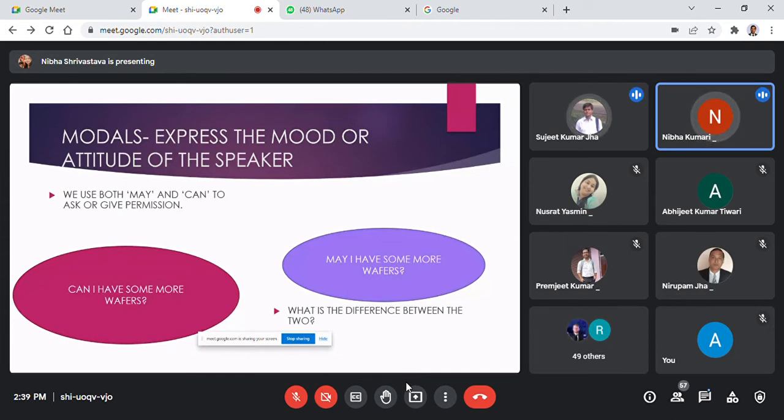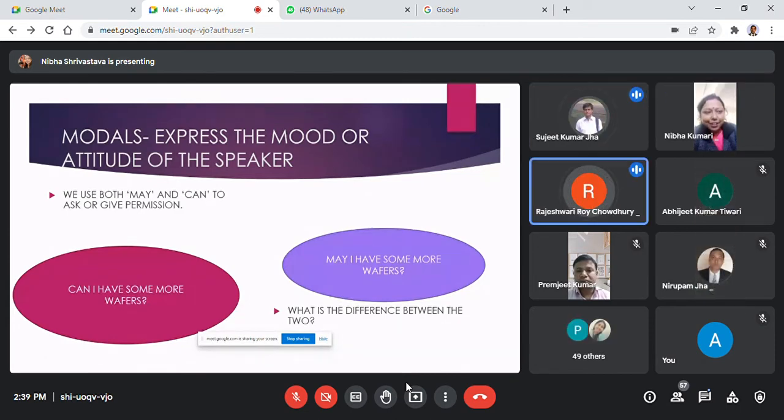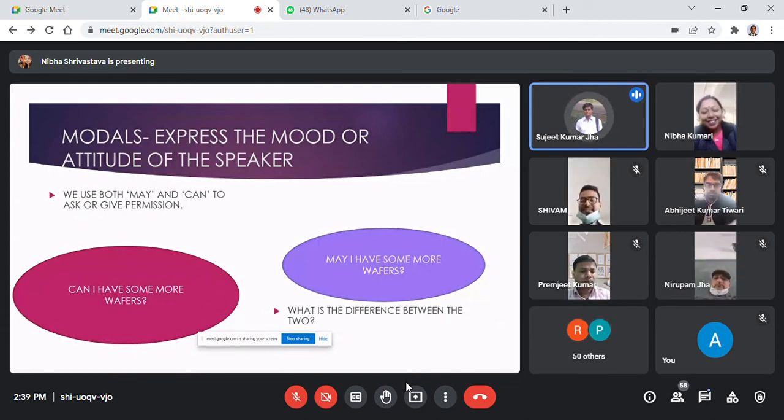Can and may. May is used for permission, and can is used between colleagues or the same age group.